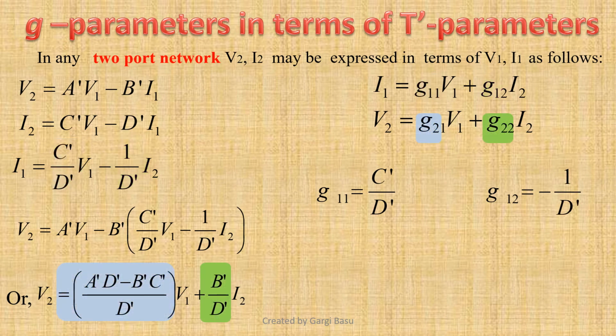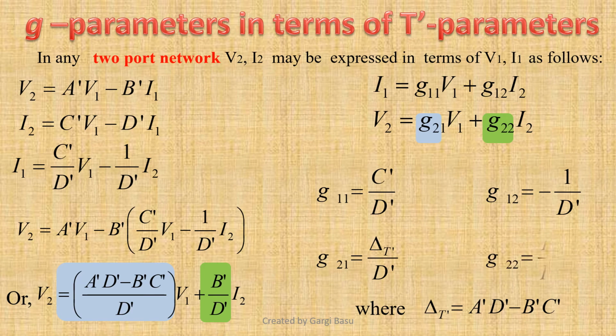Comparing the expressions of V2, we get G21 equals delta T dash by D dash, where delta T dash equals A dash D dash minus B dash C dash, and G22 equals B dash by D dash. Now we have expressed G parameters in terms of T dash parameters.